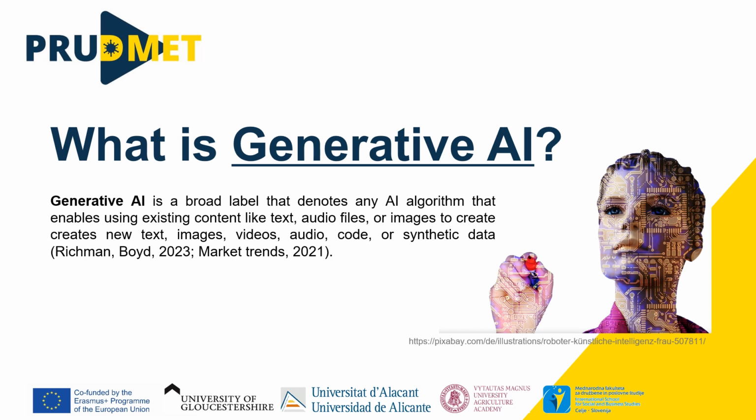Generative AI is a broad label that denotes any AI algorithm that enables using existing content, like text, audio files, or images, to create new text, images, videos, audio, code, or synthetic data. This definition is compiled from diverse sources by Richmond and Boyd, 2023, and Market Trends, 2021.